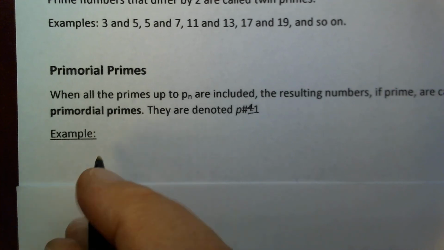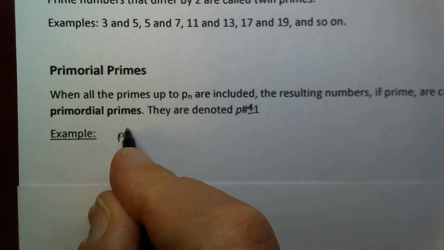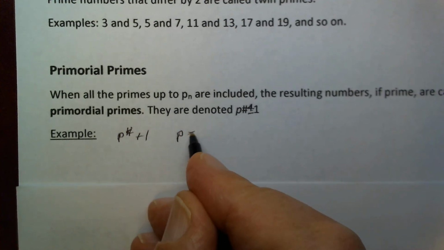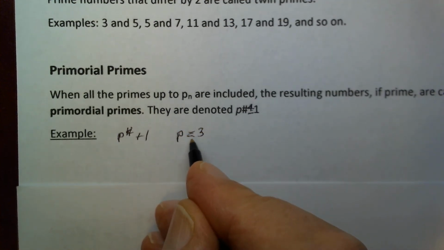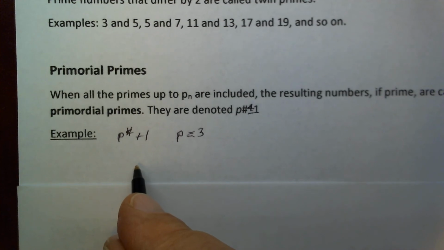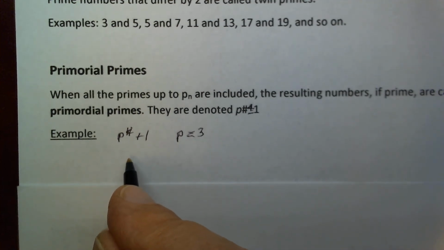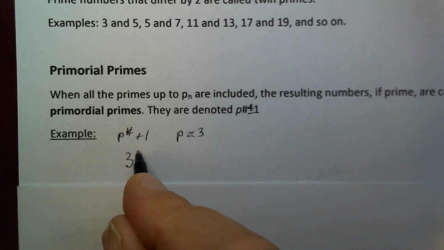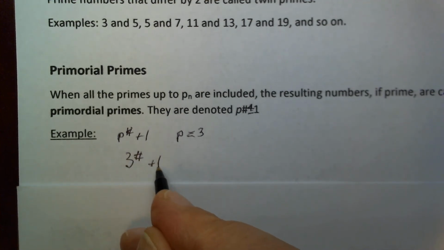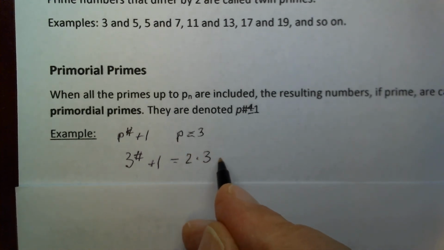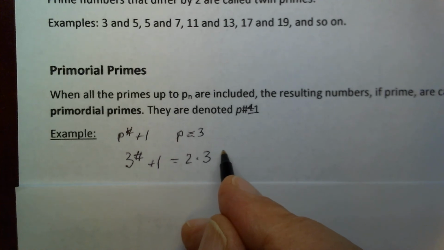So let's verify the formula, p pound plus or minus 1, for p equals 3. See if that produces a prime number. In other words, that would be 2 times 3 plus or minus 1.